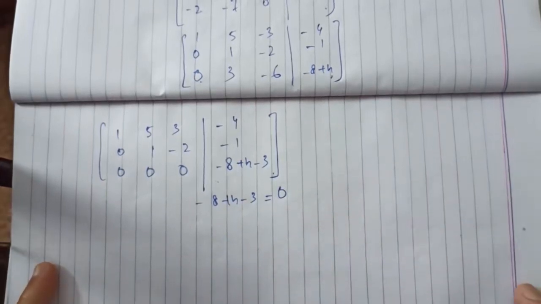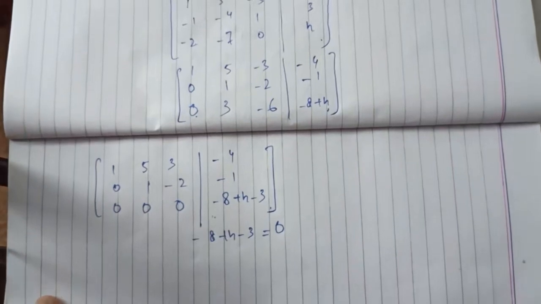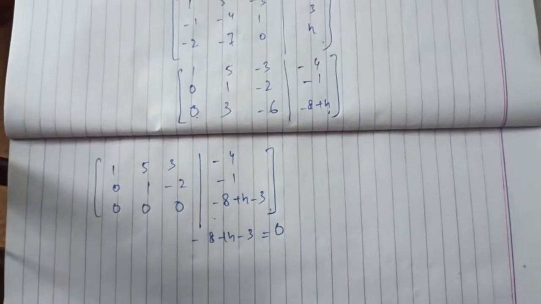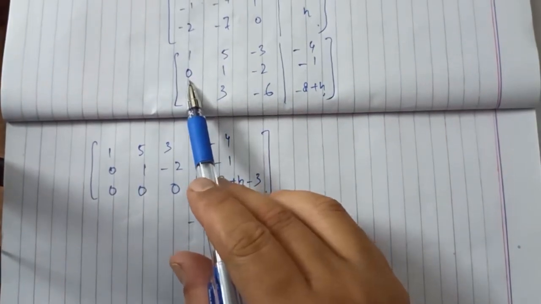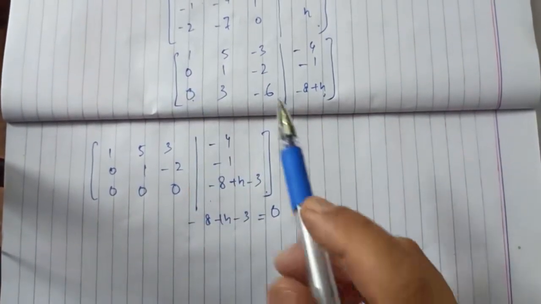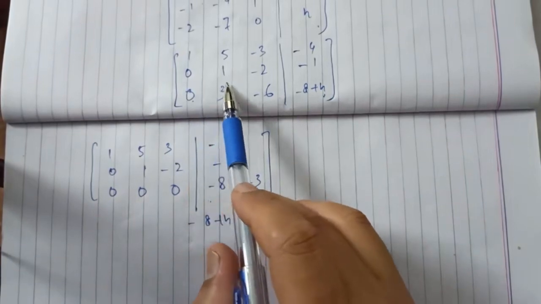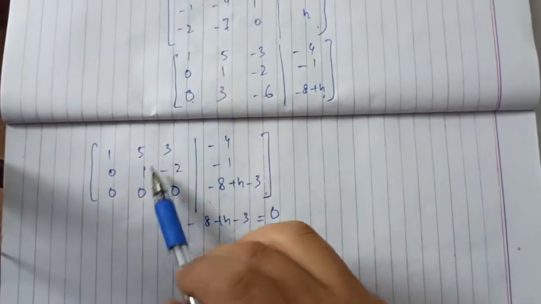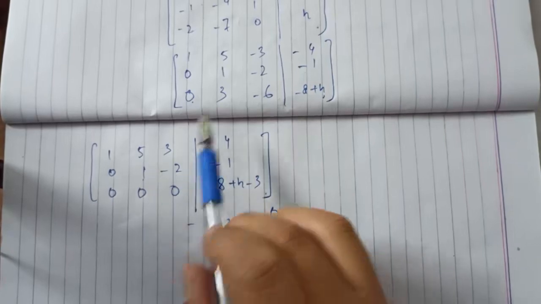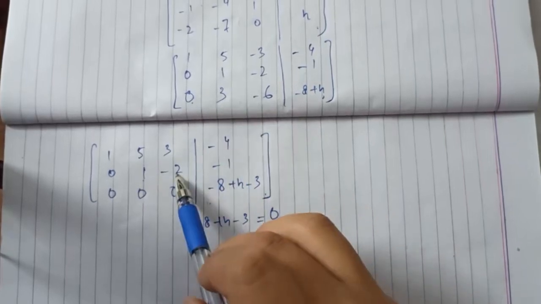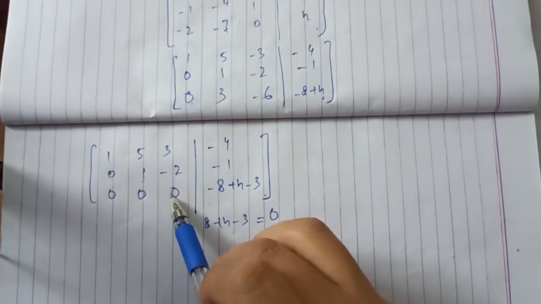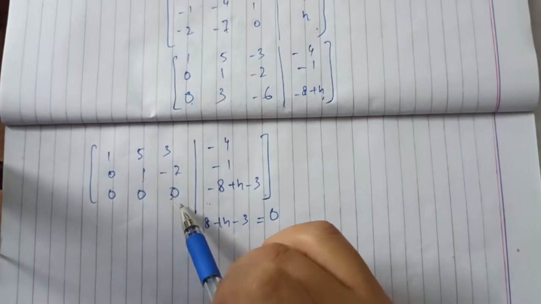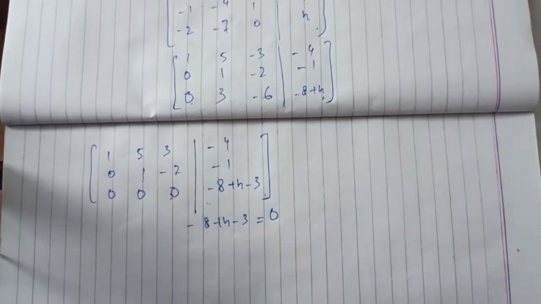Okay, so if you multiply by 3 here, what you have here is multiplied by 3 subtracted from here, so that will be 1. This becomes 0, so minus 6 and minus 6 will actually be 0.